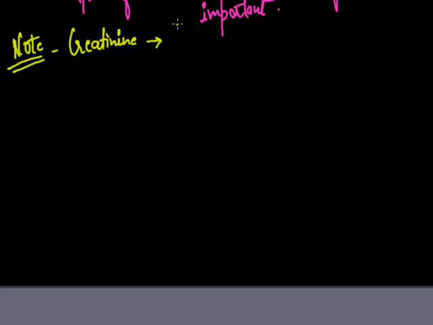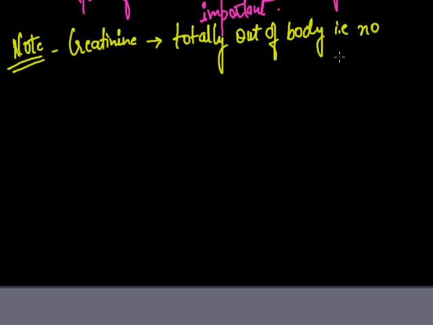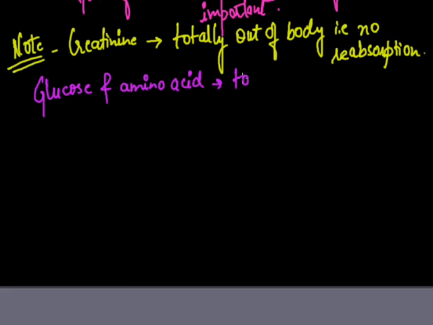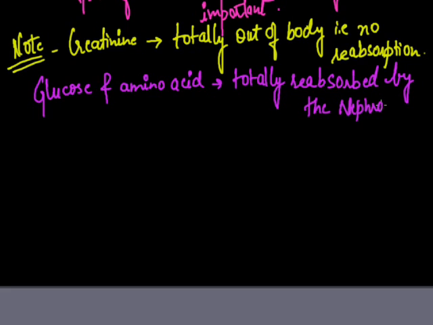Now the next important note: creatinine gets totally out of the body, that is, no reabsorption of creatinine occurs. It has to be totally removed from the body, while glucose and amino acids are totally reabsorbed by the nephron.